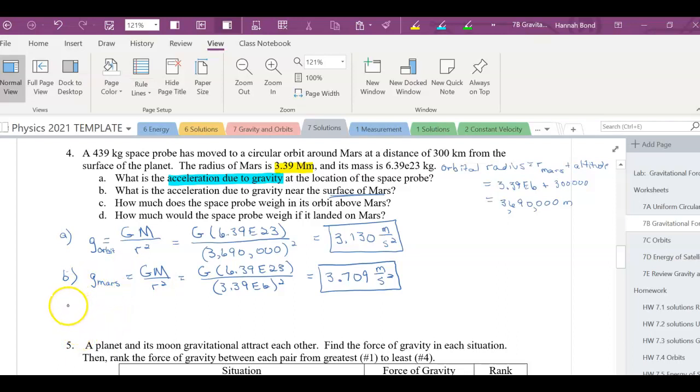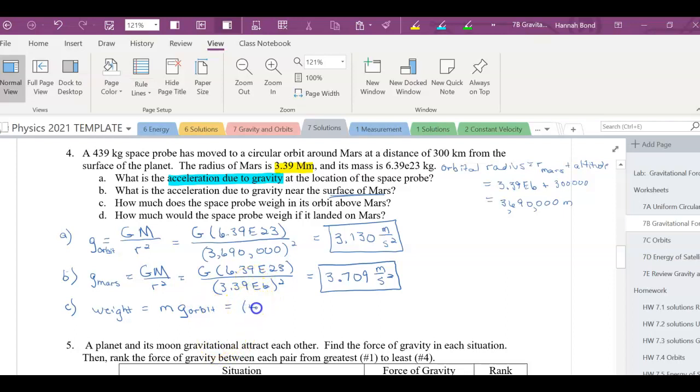Okay, on C it says, how much does the space probe weigh in its orbit above Mars? So the weight of the space probe equals the mass of the probe times the acceleration due to gravity in orbit. Okay, I need to use the g at the location where I want to know the weight.